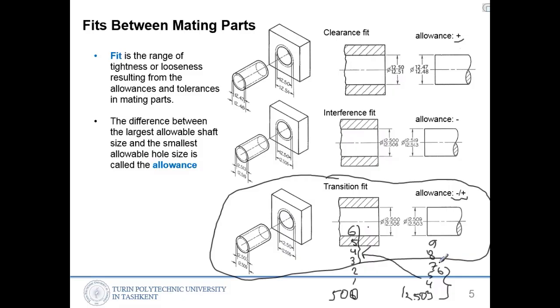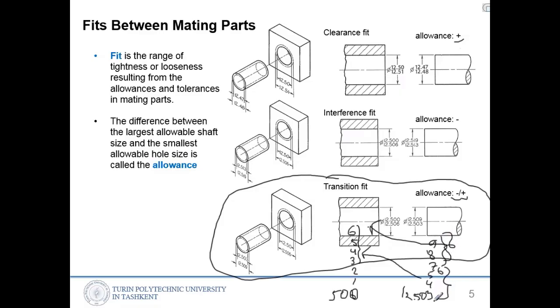From the 6, okay, from the 7 to the 9, it will interfere with the inside of this hole. So that will not be easy. We have to use heating and cooling for these sizes.